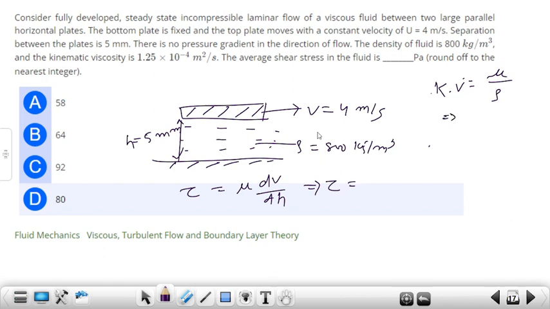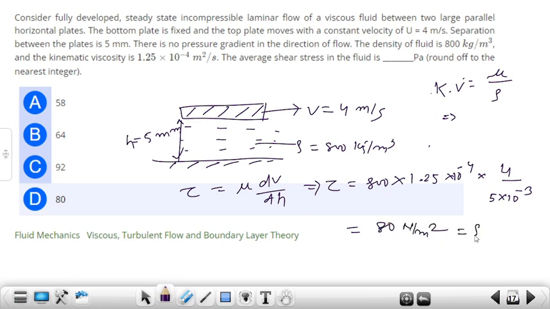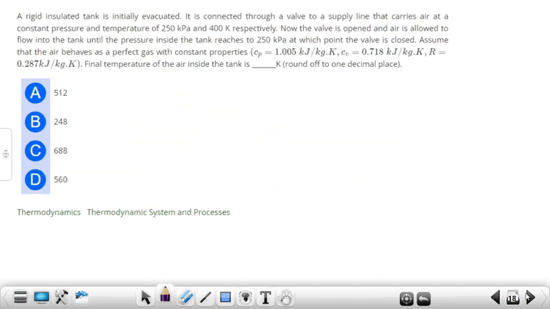So rho given 800 into kinematic viscosity 1.25 into 10 to the power minus 4, into velocity change 4, divided by distance 5 mm converted into meter, 10 to the power minus 3. Calculating this we get 80 Newton per meter square, which is equal to 80 Pascal. So D is the correct answer.